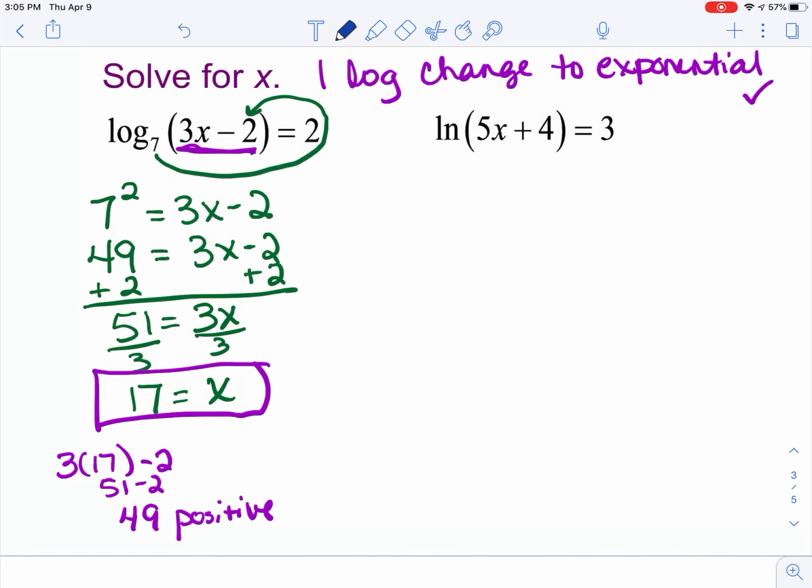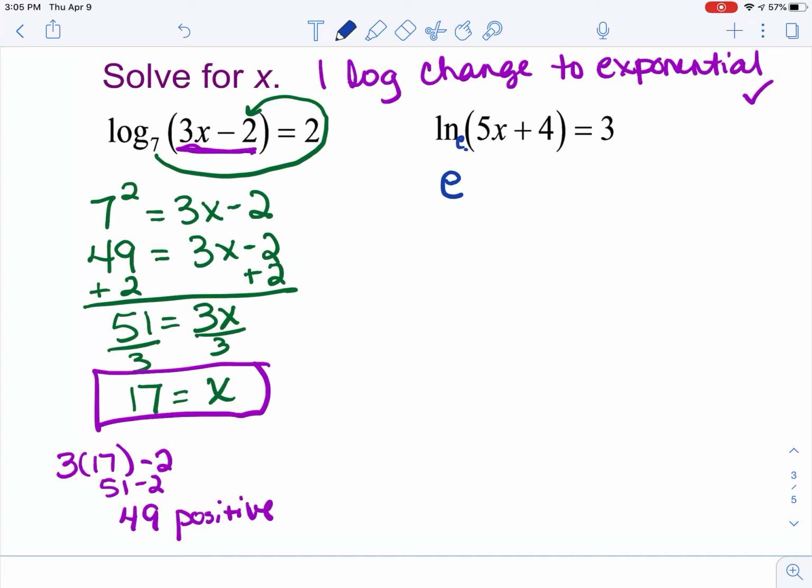The natural log of 5x plus 4 equals 3. All right, I only have one log, and that is a natural log. So what is my base? What is the base of a natural log? Well, the base of a natural log is e.